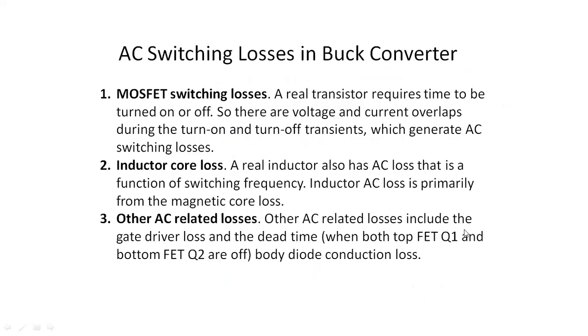So here we are saying there are switching losses also in the buck converter. These are the MOSFET switching losses, inductor core losses, and other AC related losses. For MOSFET switching losses, a real transistor requires time to turn on or turn off, and that is the switching loss. There are voltage and current overlaps during the turn-on and turn-off transients, which generate AC switching losses.